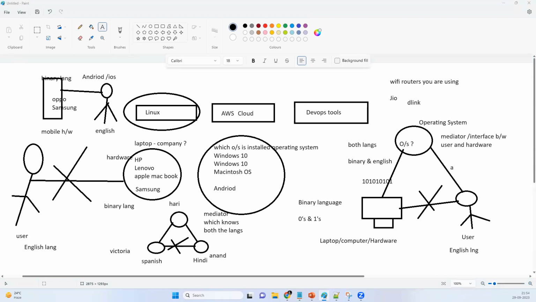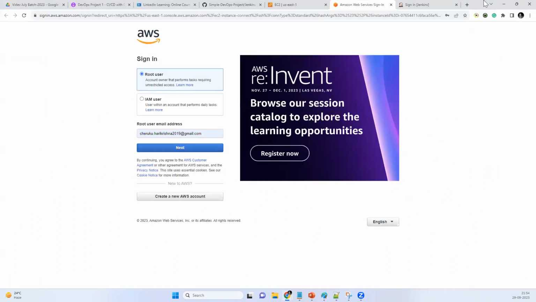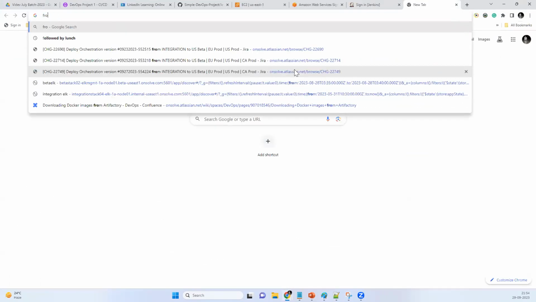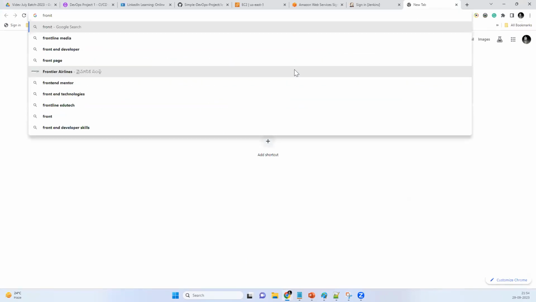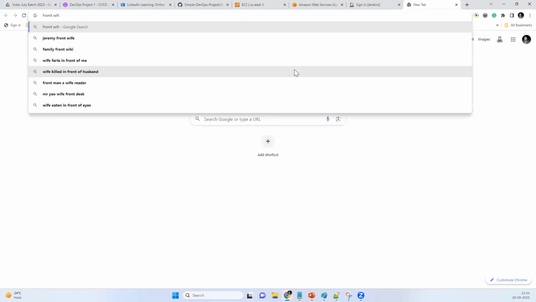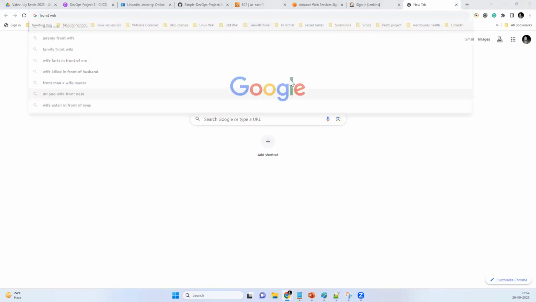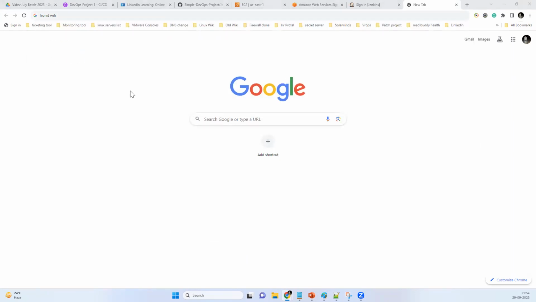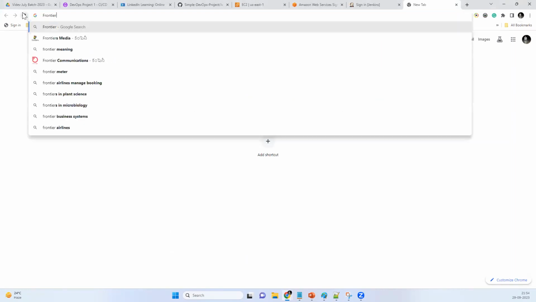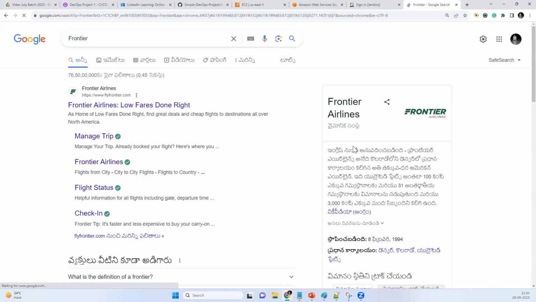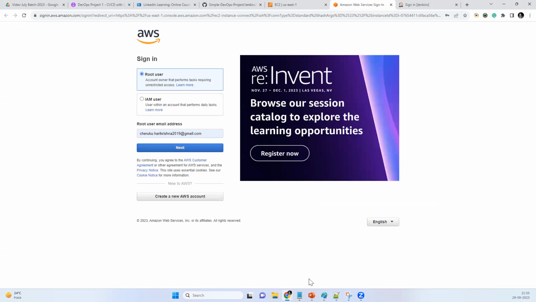Spell it, or you can paste it in the chat.